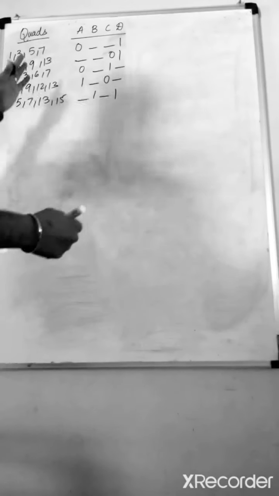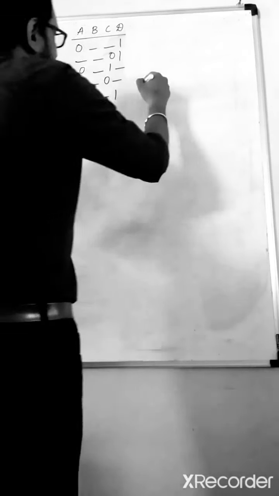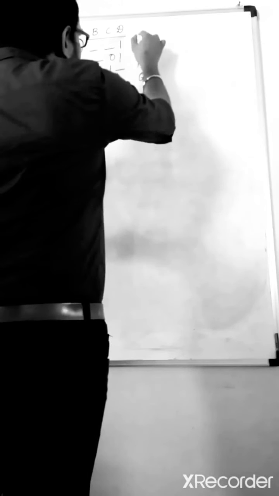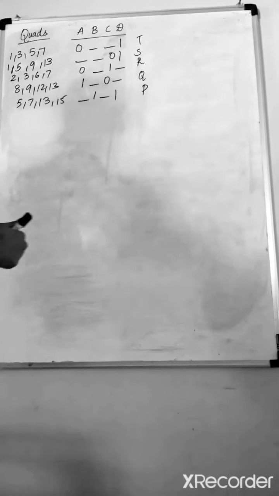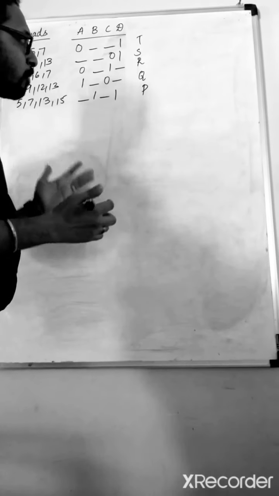Next, what we do is give a name for this particular set that we formed. For example, I'm going to give the names P, Q, R, S, T. You can give any names. And I have already written A, B, C, D on the top.